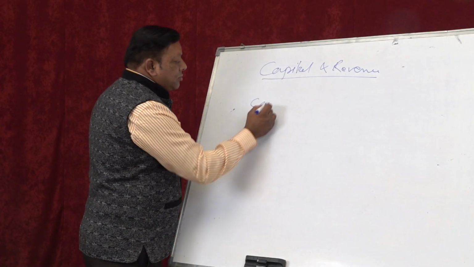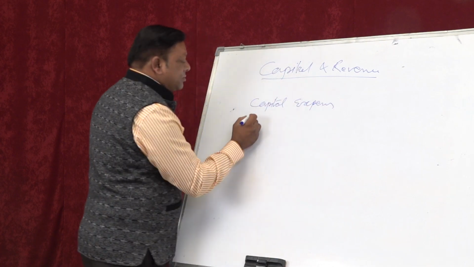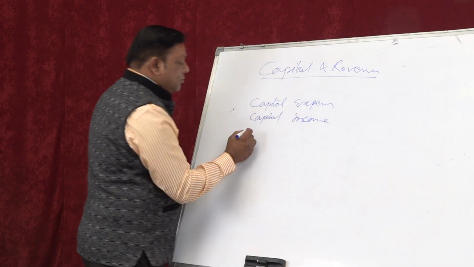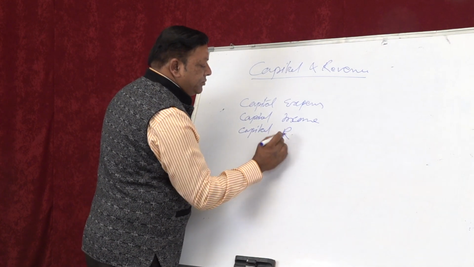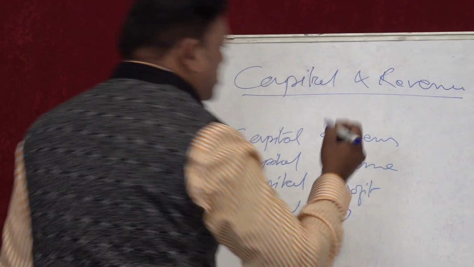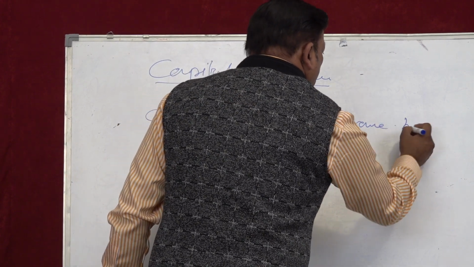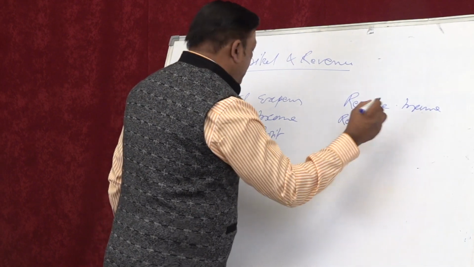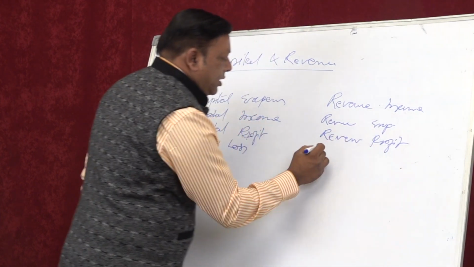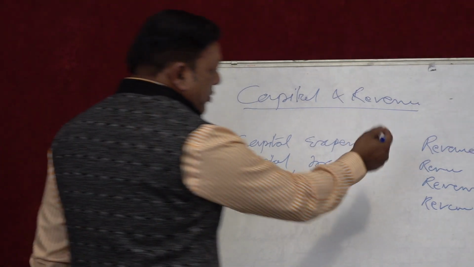That is capital expenses, capital income, capital profit, capital loss, and on the other hand, revenue income, revenue expenditure, revenue profit, and revenue loss. We can replace this revenue word with operating.